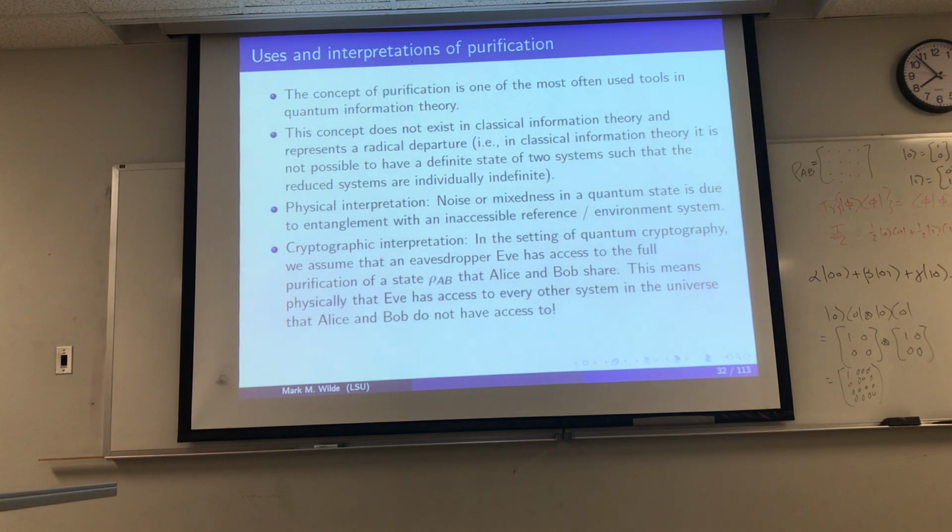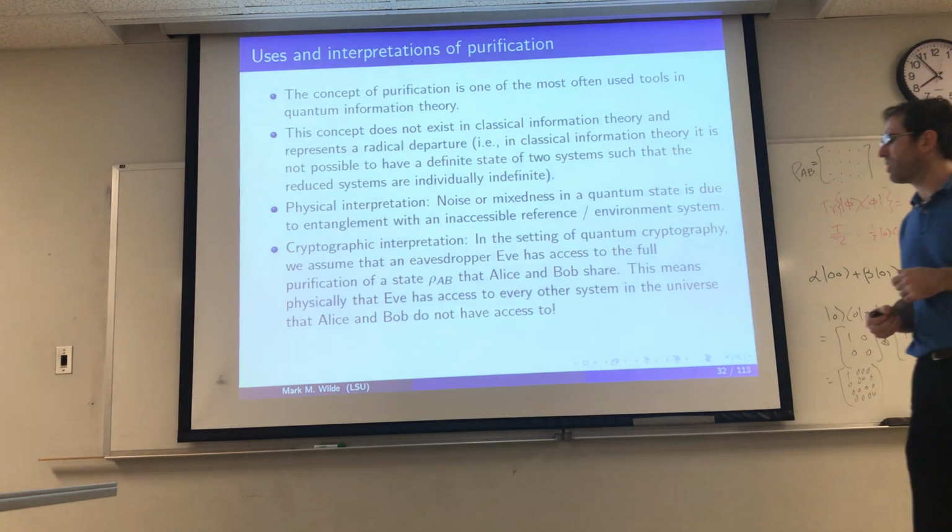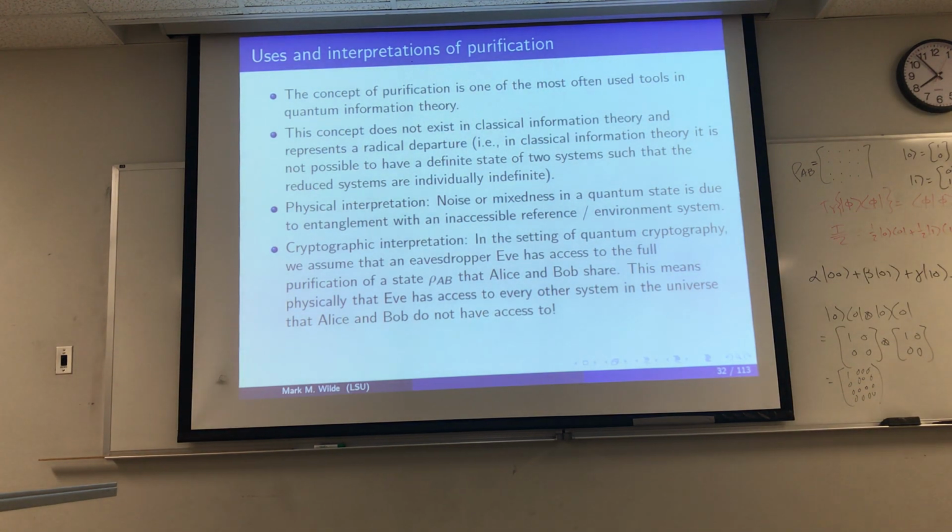So you would say, let's just say that the eavesdropper has access to the full purification of this state. Okay? So it's a 2 qubit state, it's a density matrix, and then that can be purified also. Any density matrix can be purified.